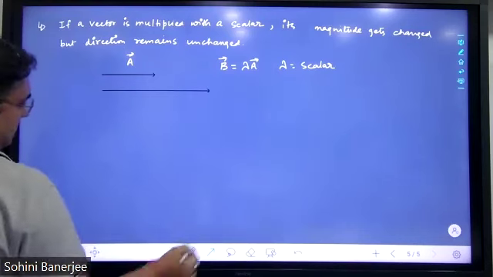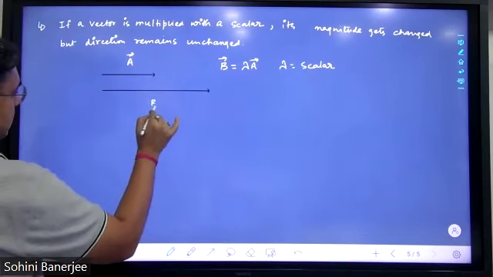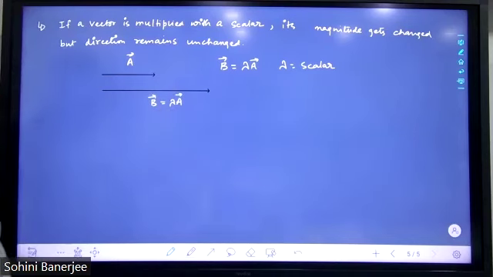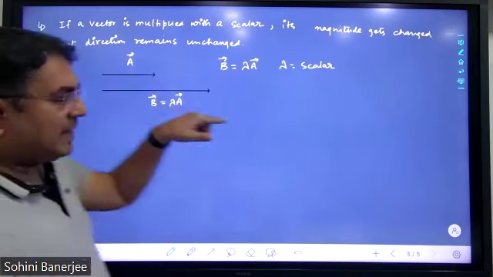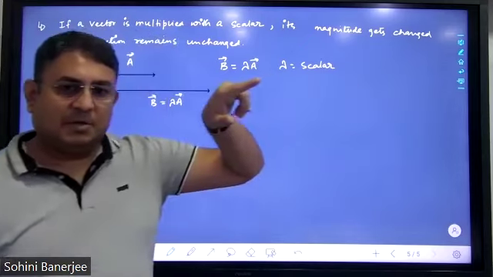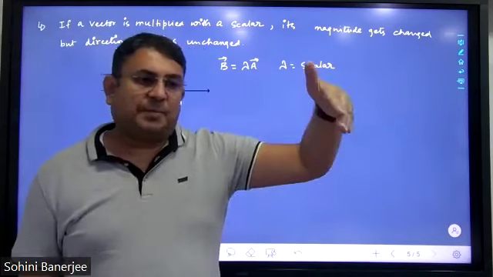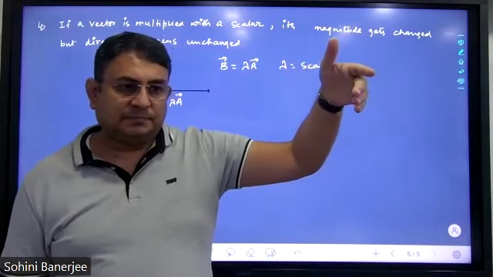So this is B, that is lambda A. So A and B are carrying the same direction. Only they differ in magnitude. The magnitude of B is lambda times that of A.